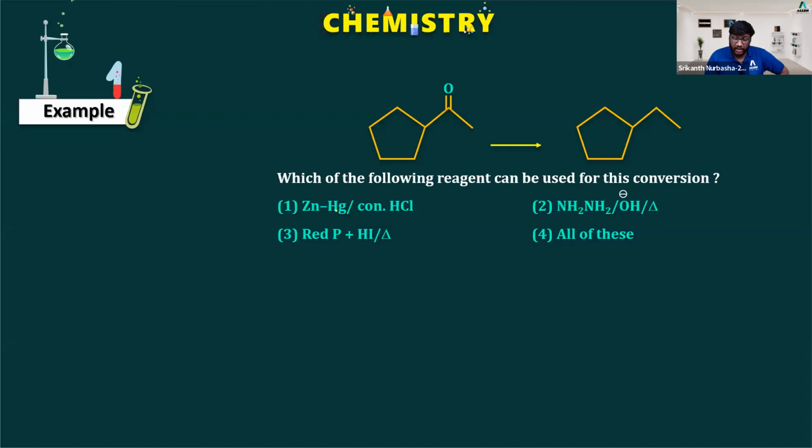Because for zinc amalgam in the presence of HCl, we have only a C double bond O group, right? We do not have any acid sensitive or base sensitive groups. If I have a group like OH, this OH can react with the HCl, because H plus ions will be attacked by the lone pair of electrons on oxygen, so it forms OH2 plus. This OH2 plus will be lost, then chloride ion will attack this particular carbon.